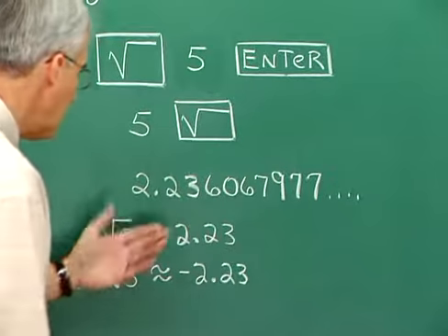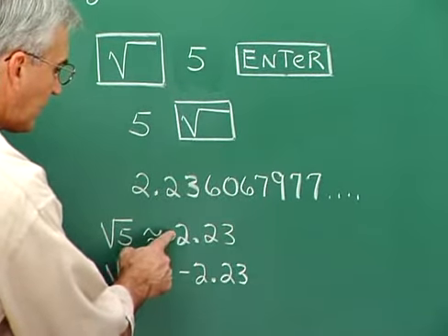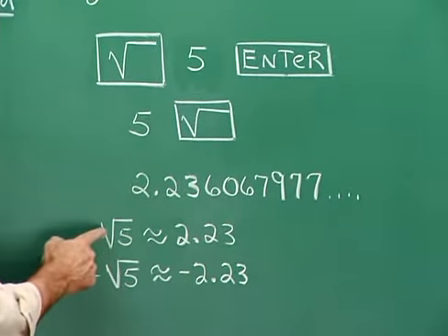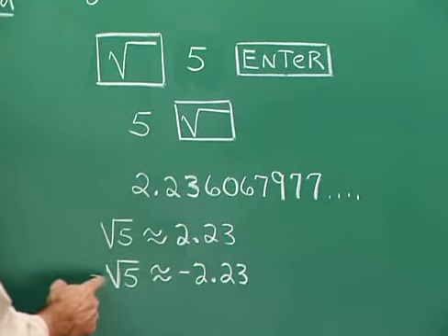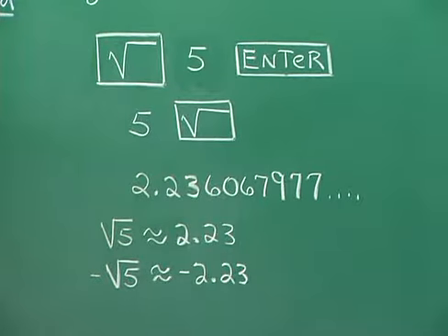So to the nearest hundredth, the square roots of 5 are 2.23 and negative 2.23. And symbolically, we can say then that the principal square root of 5 is approximately 2.23, and the negative square root of 5 is approximately negative 2.23.